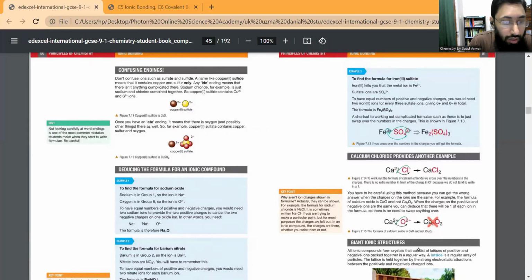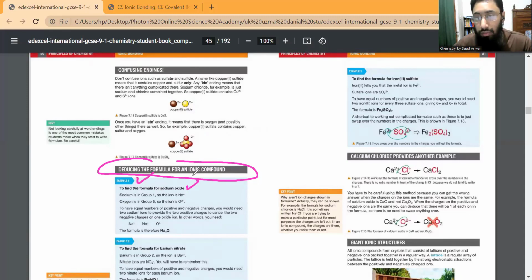Yes, writing the formula for ionic compounds. We were trying to understand this topic, finding the formula of sodium oxide, then the formula of calcium chloride, things like that. There is another thing.